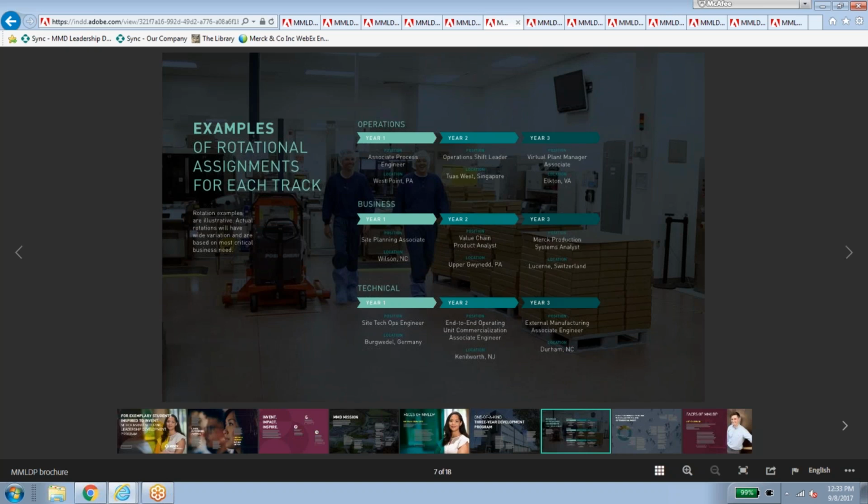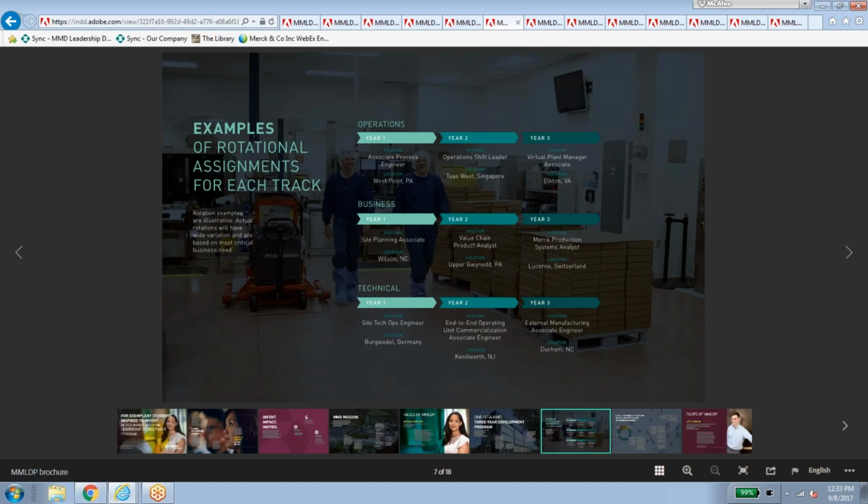I think this is somewhat similar to the virtual plant manager role that I described, but instead of looking at it from an operations perspective like the plant manager would, this engineering function is looking at it from the technical lens of, for example, evaluating different possible contract manufacturing organizations that we may want to leverage for our products, and doing a technical capability analysis to determine which one is best suited for the specific products that we're interested in introducing there, and solving the technical challenges associated with that transfer.